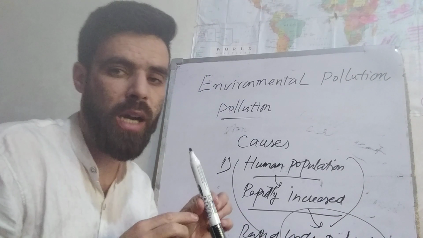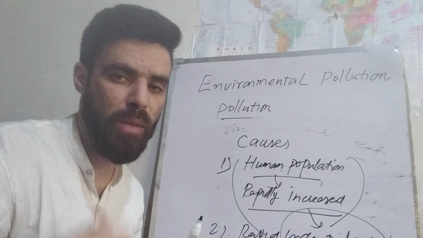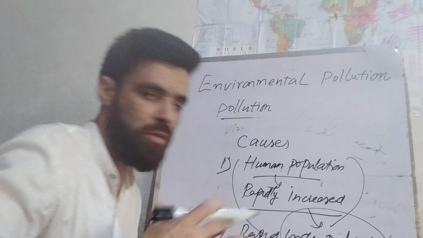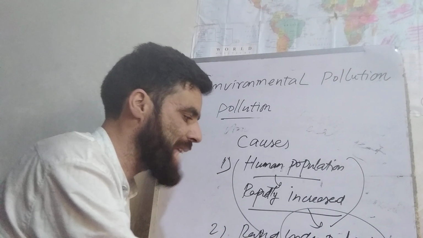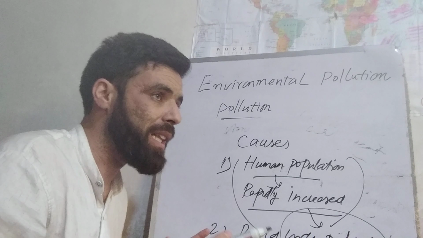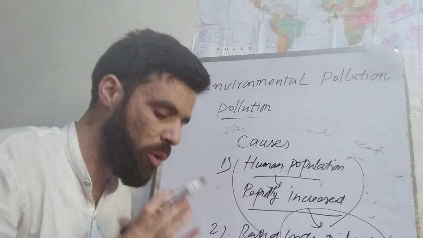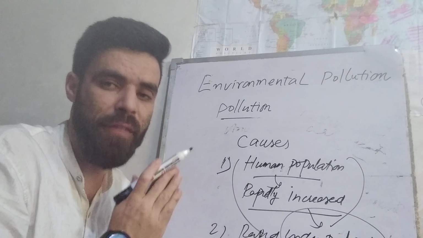Here I'm using the marker, it comes from industry. I'm using the textbooks, you are using the mobile phone, everything comes from industry. Without industry, we can't think in the present world. Industry plays an essential role in our life, but there is also negative externality. Industries are posing a threat to the environment by releasing harmful wastes.